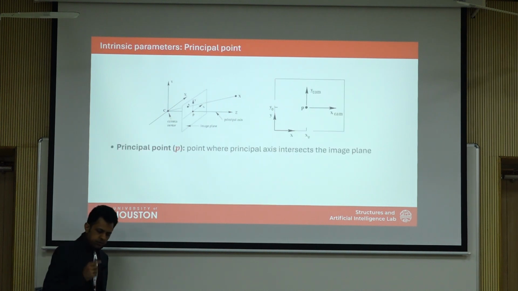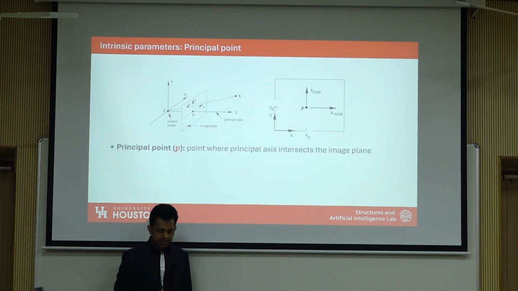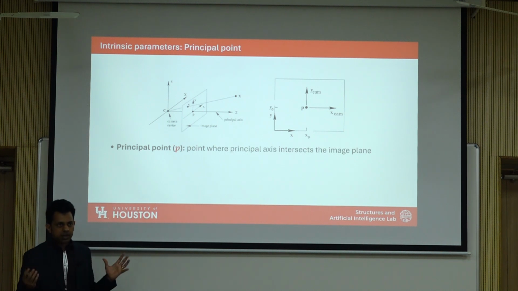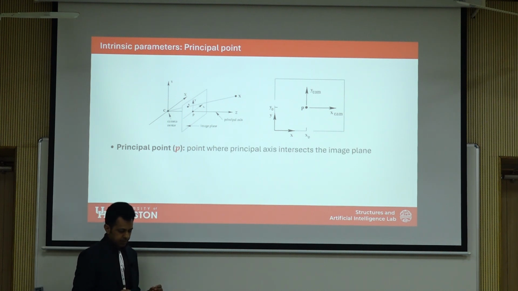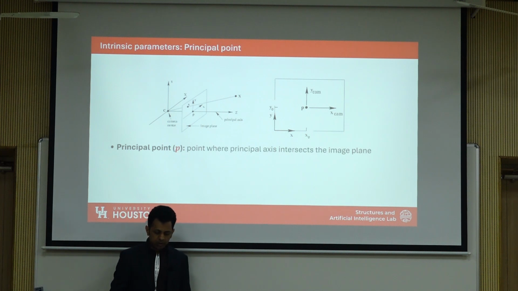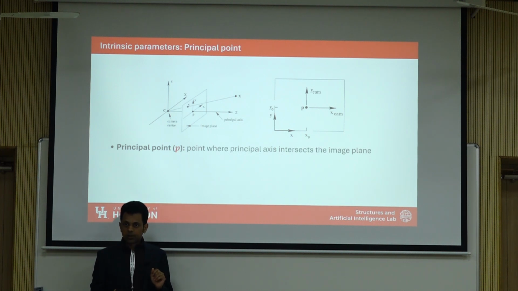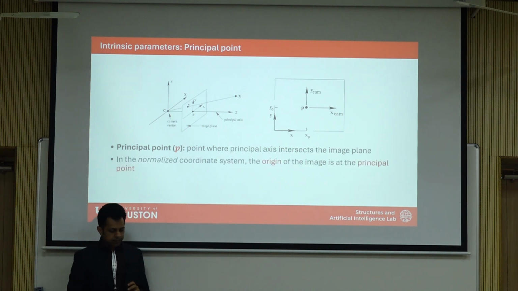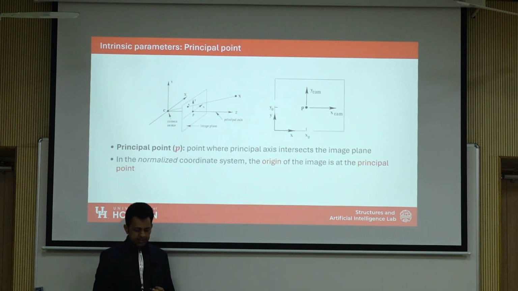Okay. Now, what are the other parameters in the intrinsic camera matrix that we need to deal with when we have models which are more than just a pinhole model? Now, we already discussed that the principal point is the point where the image axis, the optical axis, intersects the image plane. Now, in the normalized coordinate system, the origin of the image is at the principal point.